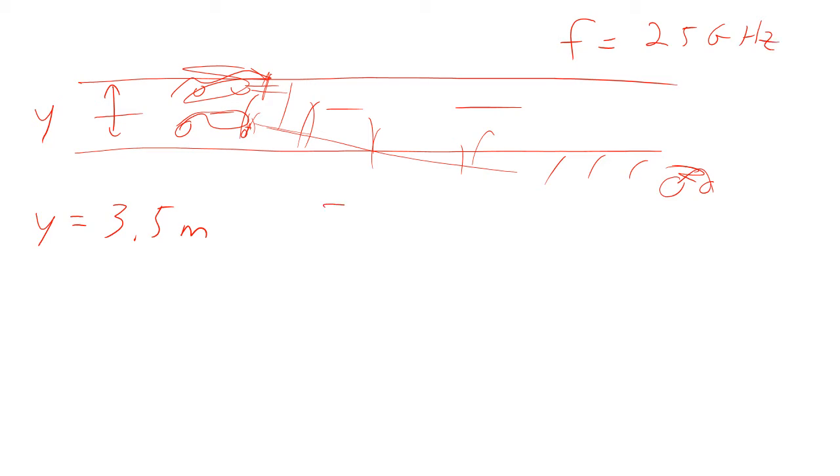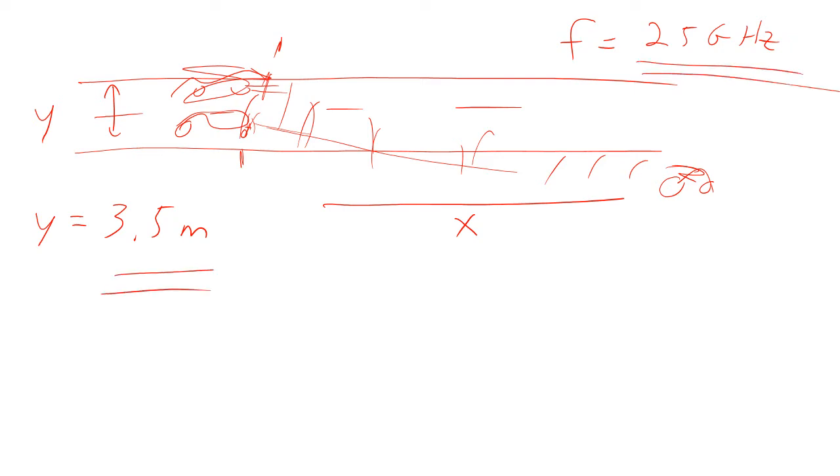So I want to know at what distance can the police officer actually resolve one car versus the other car if this is the separation and if that is the frequency.